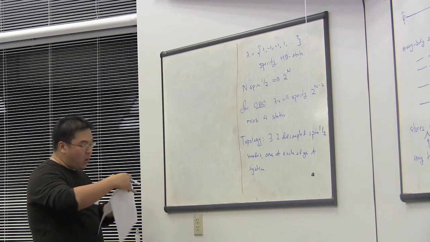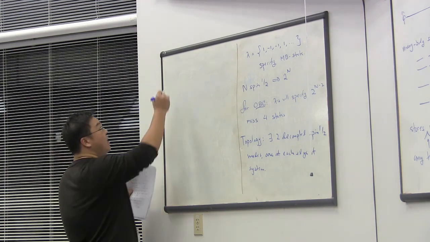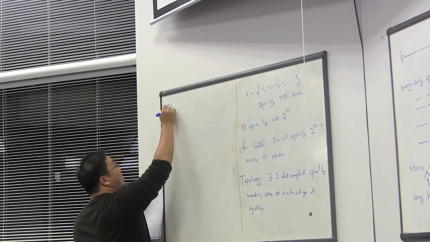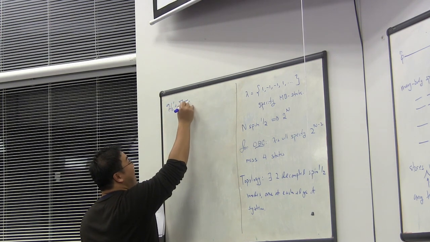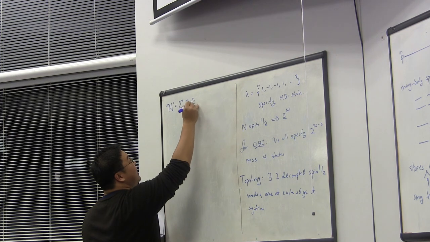Okay. But now, let's write down the remarkable feature. It turns out that the only thing we're going to do to modify the Hamiltonian is to put an i in all of these locations.